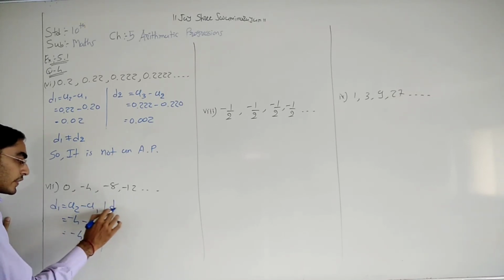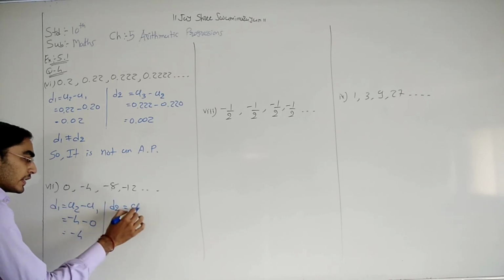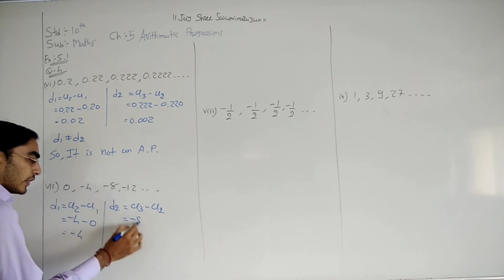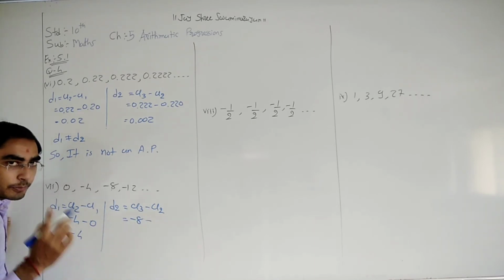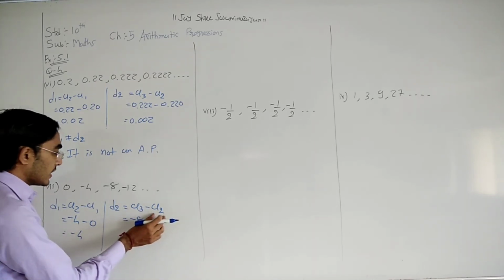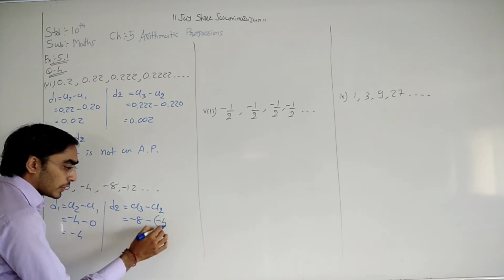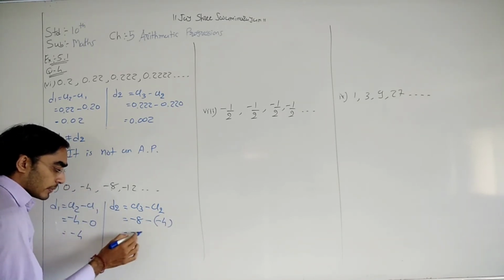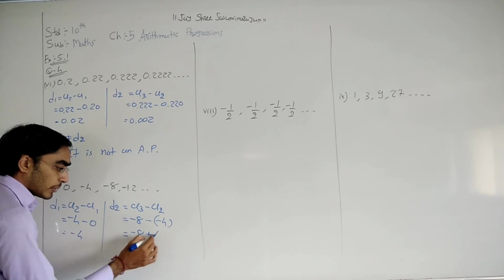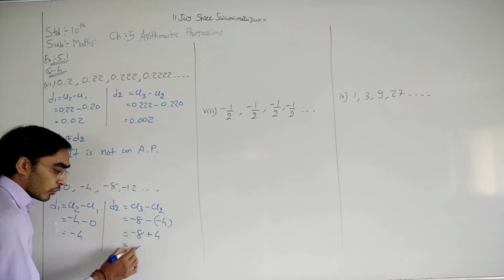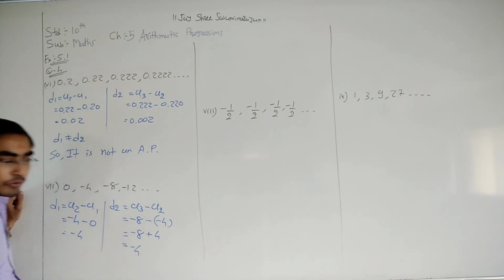Now find the difference D2, A3 minus A2. Now A3 is minus 8. This minus sign is as per the formula, and A2 itself is a negative number, so we need to write it in brackets. So here minus 8 minus minus 4, that is minus 8 plus 4. Bigger number 8 has a negative sign, so the answer is minus 4.